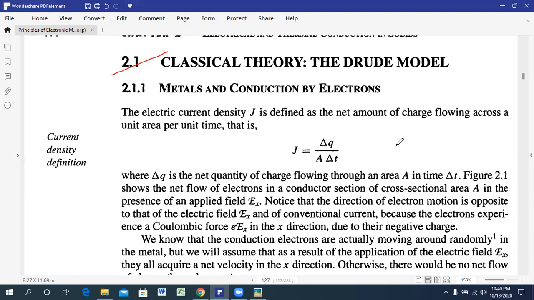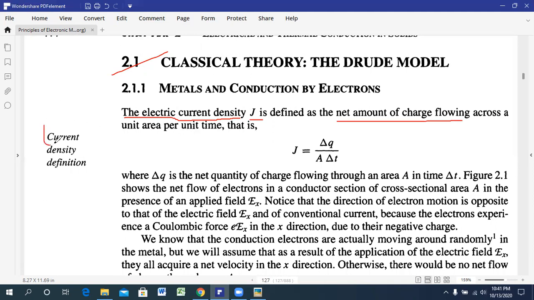So, article number 2.1. Now, look, if the electric current density is defined by J, that can be defined as the net amount of charge flowing across per unit area per unit time.